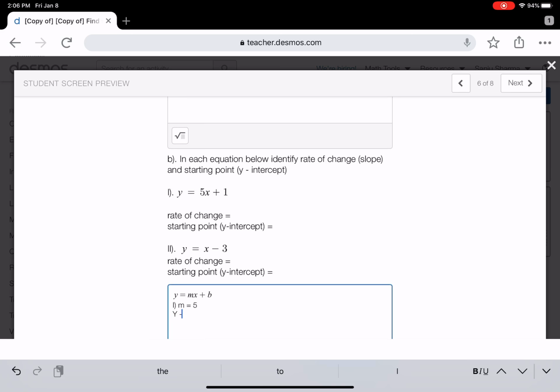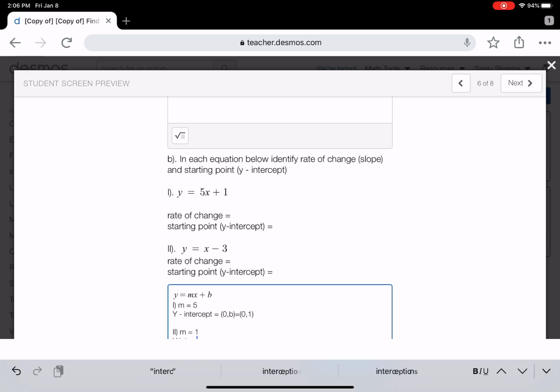So the y-intercept is written as the ordered pair 0, b, which is 0, 1. For the second equation, the coefficient of x is 1. It's an invisible 1. So our slope is 1.